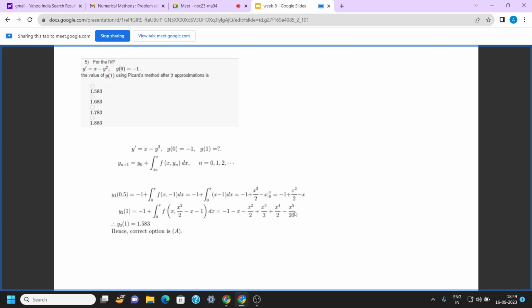So you will get minus 1 minus 1 minus 1 square by 2 plus 1 by 3 plus 1 by 2 minus 1 by 20, and solve it, you will get 1.583. Sorry, here it will be y2. So y2 at 1 is given by 1.583. So correct option is A, 1.583.